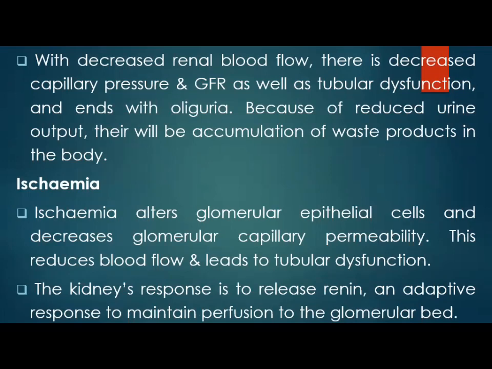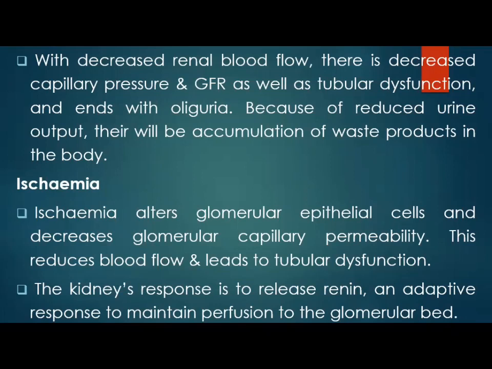This will result in the glomerular filtration rate reducing, and there will be tubular dysfunction. These tubes are receiving less blood, less nutrients, so there will be tubular dysfunction. And because there's reduced blood being filtered by the glomerulus, there will be oliguria. Oliguria is simply reduced urine output.